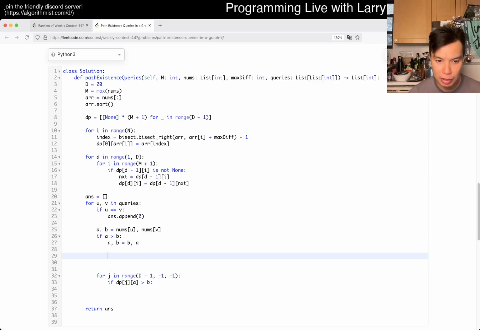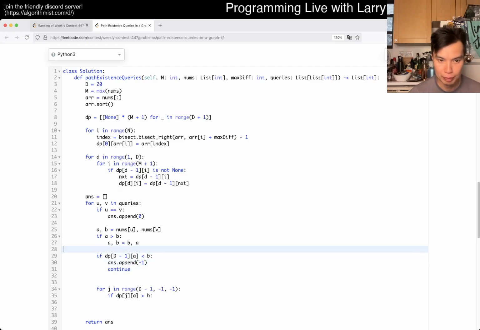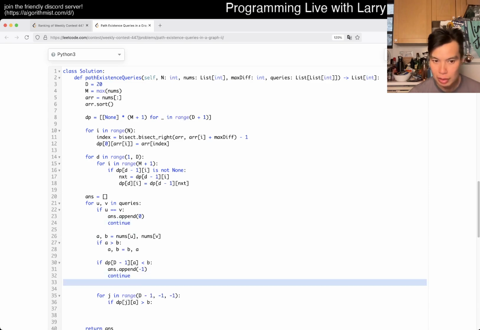So this is if dp of d minus 1, a is less than b, then it's not possible. We return and then we continue. I also need to continue on the other one, but I forgot. Okay, and now that means that it is possible, right?